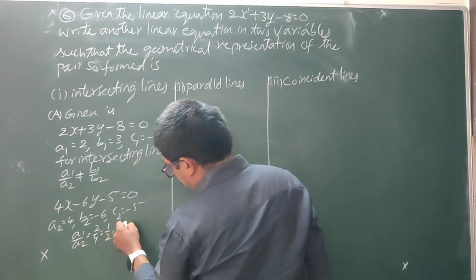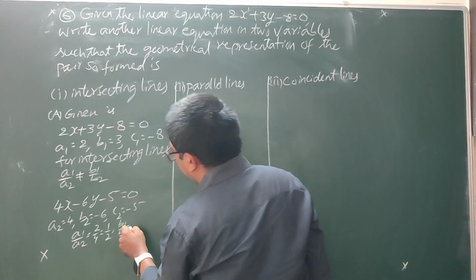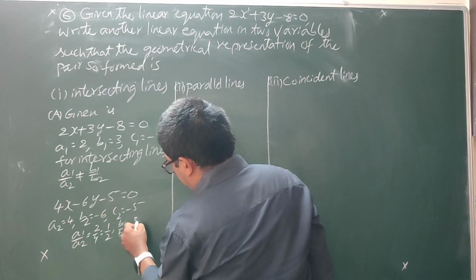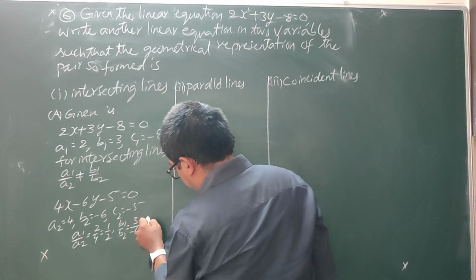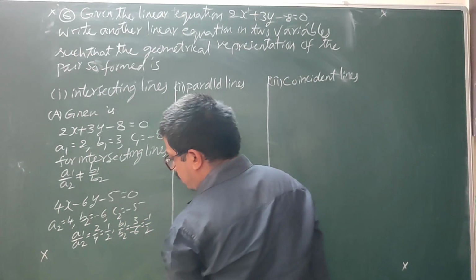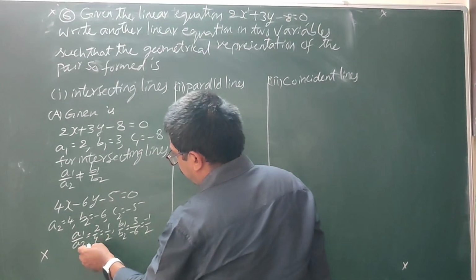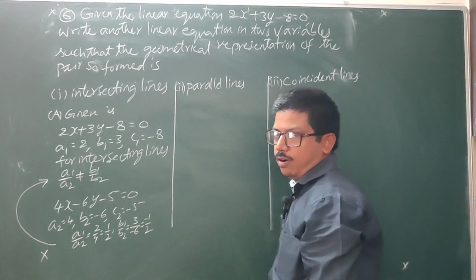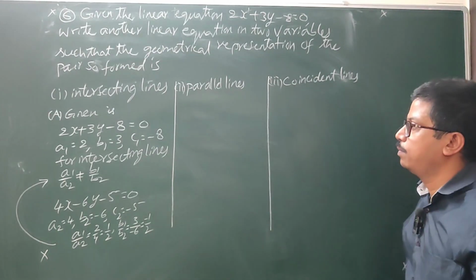Next b1 by b2 equal to 3 by minus 6 equal to minus 1 by 2, which fulfills that a1 by a2 not equal to b1 by b2.